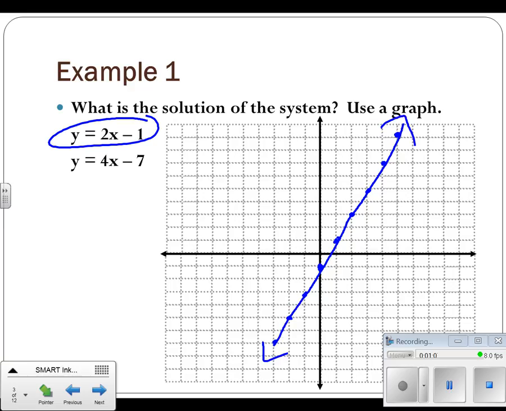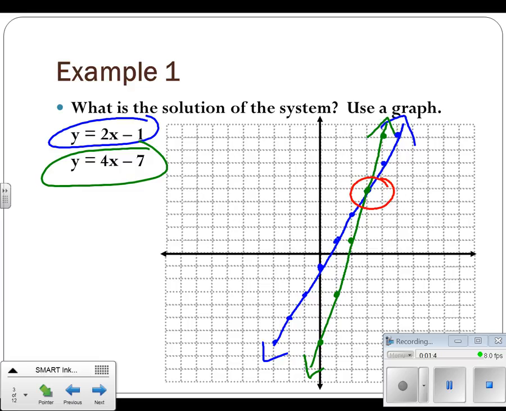And then we'll graph y equals 4x minus 7 in green. And we can see where they cross is right here.